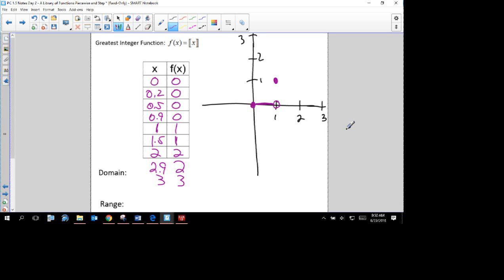So right here we have an open dot. And then past 1 at 1.5, it's going to be 1 still. Anything, 1 point anything is going to be 1 until I get to what number? 2. So at 2, I'm going to put an open dot and jump up to 2. So this will be a line right in between there. And then any 2 point anything becomes 2 on the y, until I get to 3 where it jumps up.